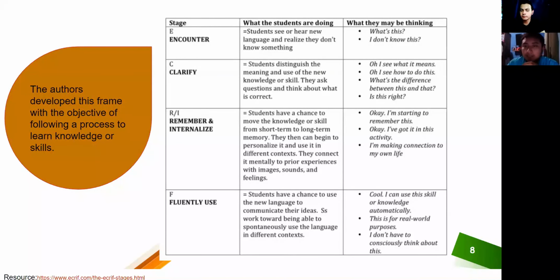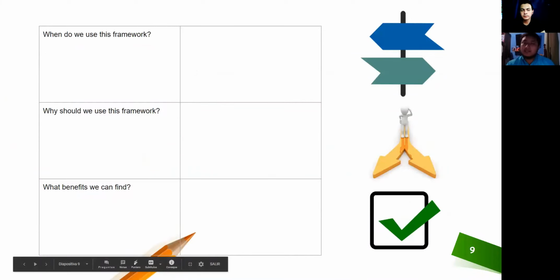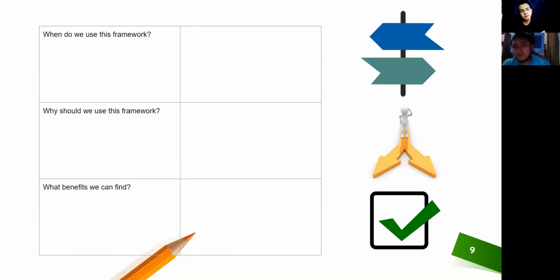Mm-hmm. So this makes us go to the next 3 questions, which are: when do we use this framework? Why should we use this framework? And what benefits can we find using this framework? I'm pretty sure these 3 questions are really relevant for all teachers, because we all want to know how we can use this in our real context.